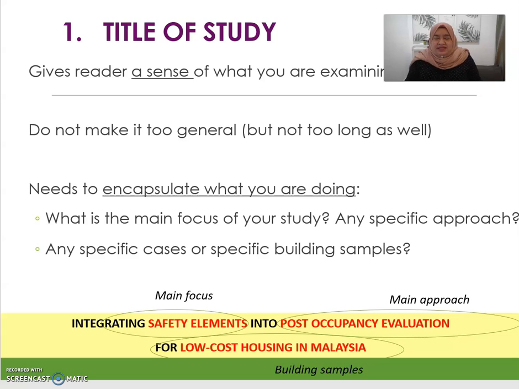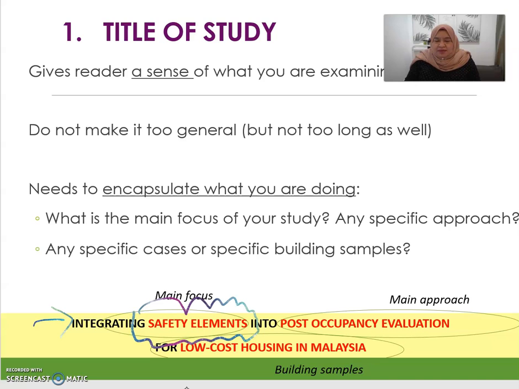So, for instance, here I have an example. The title is Integrating Safety Elements into Post-Occupancy Evaluation for a Low-Cost Housing in Malaysia. If you look at this title, the main focus of this research is the safety element.